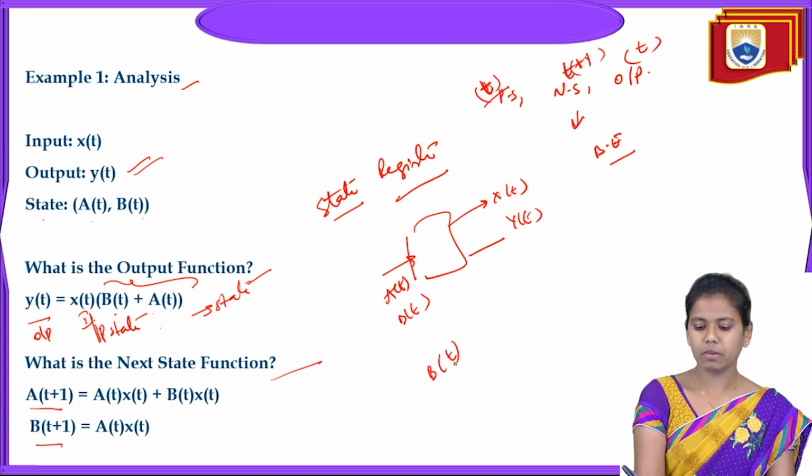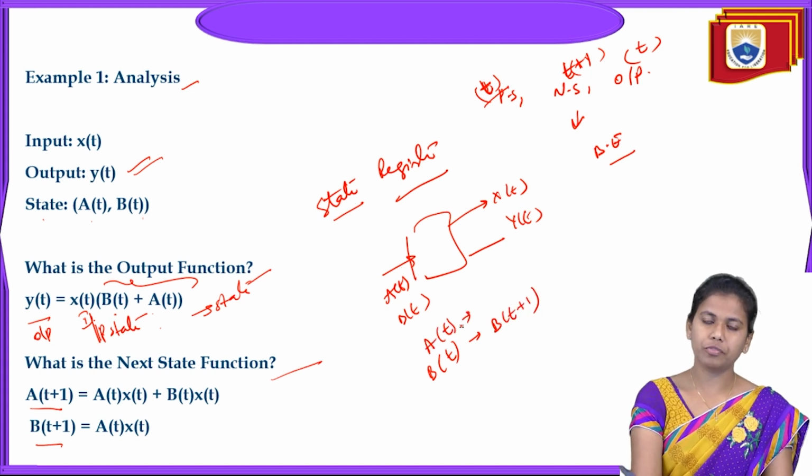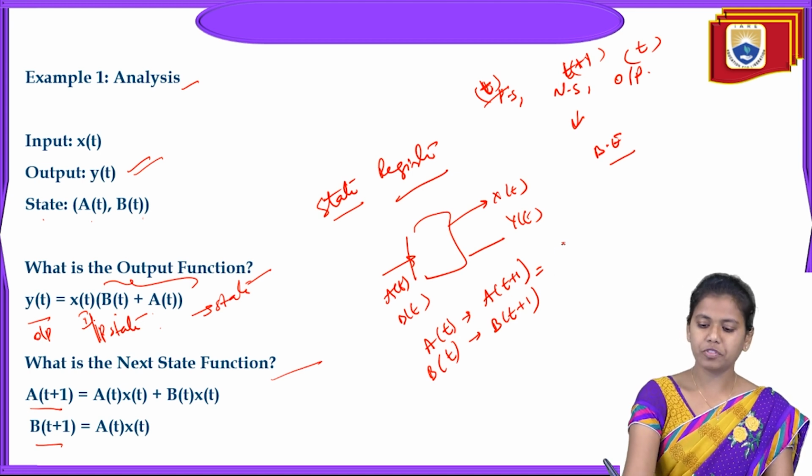So this is my present state, and for this present state, my next state would be b of t plus 1. And if it is a present state a of t, my next state would be a of t plus 1. So for this, the function can be written as a of t plus 1 is nothing but x of t into a of t plus b of t into x of t.